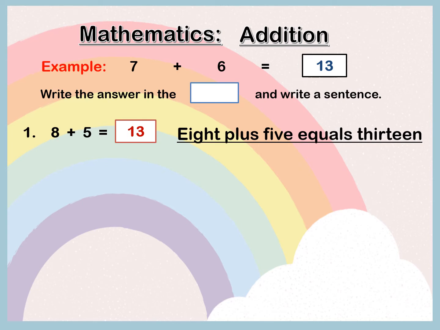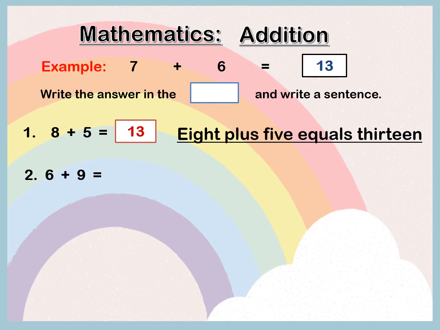So 8 plus 5 equals 13. Great job. If you have a paper and pencil with you, you can write this down so you can remember. Okay? Let's proceed to number 2.